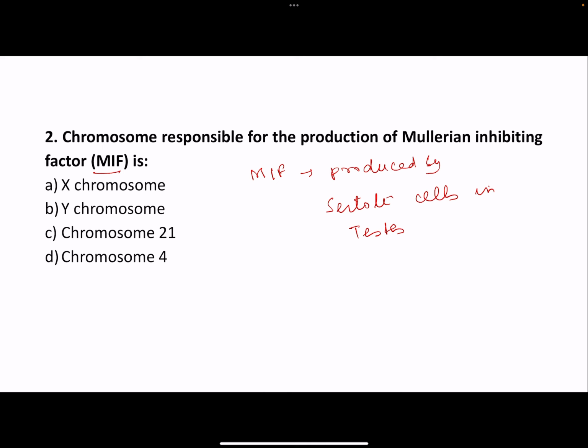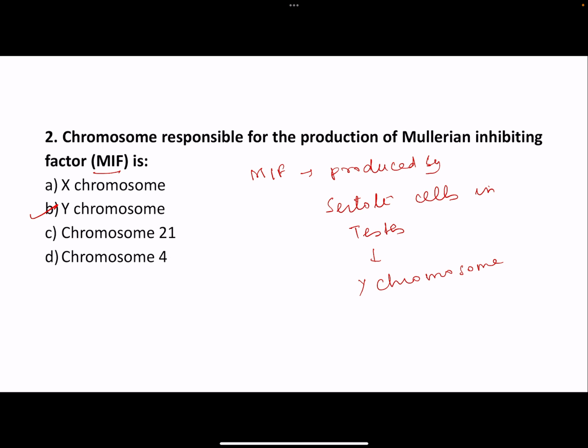And the chromosome responsible for the development of testis is the Y chromosome. So, the chromosome responsible for the production of Mullerian inhibiting factor is Y chromosome, that is option number B.